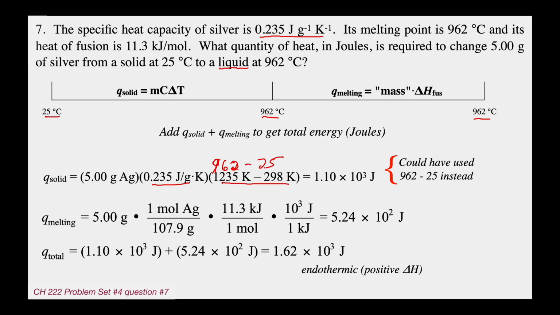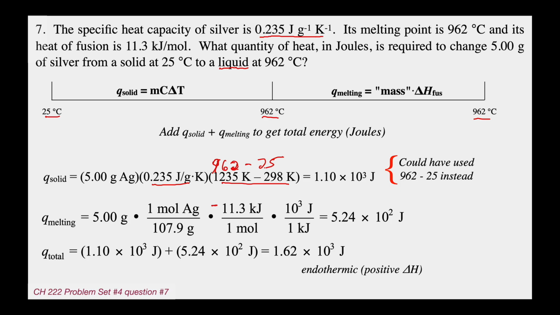For the Q melting, everything would be the same, grams to moles, kilojoules to joules, but the heat of fusion is for taking a solid and turning it into a liquid. If you're going to turn a liquid into a solid, you would just have to put a negative number in front of it. So you'd still end up with a negative 5.24 times 10 to the second.